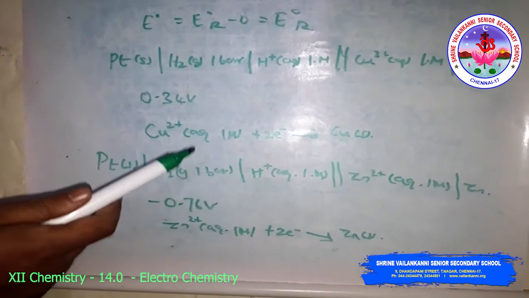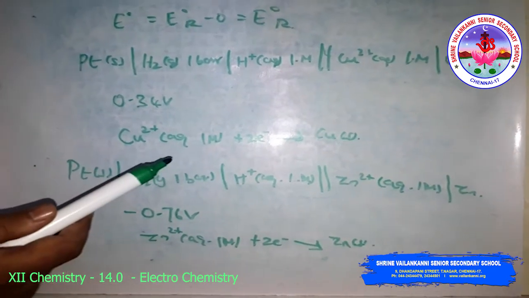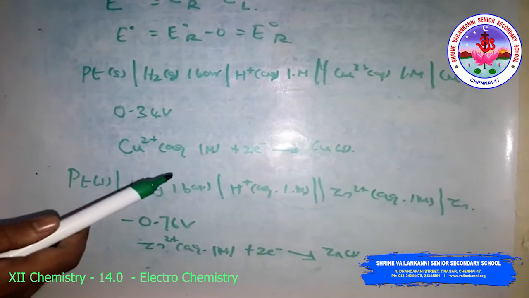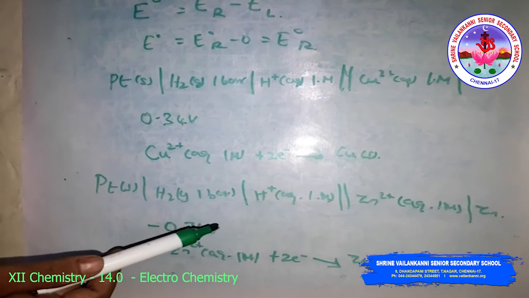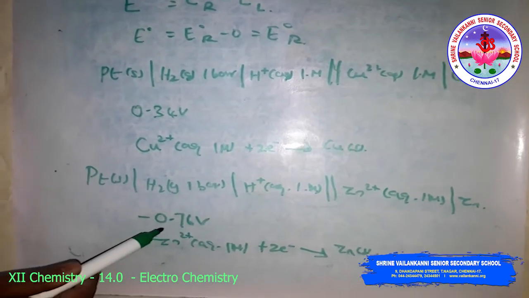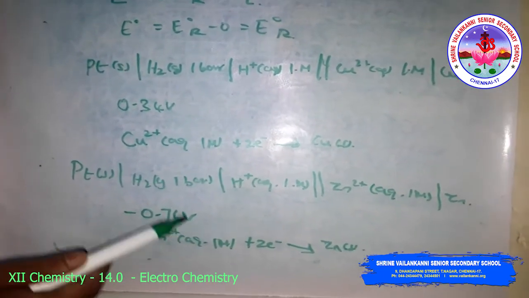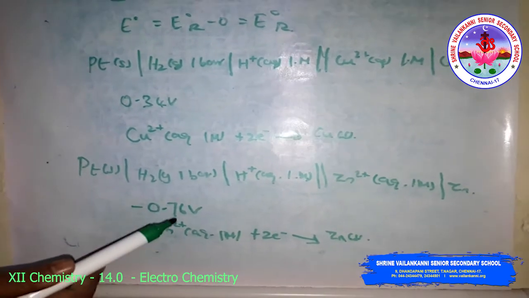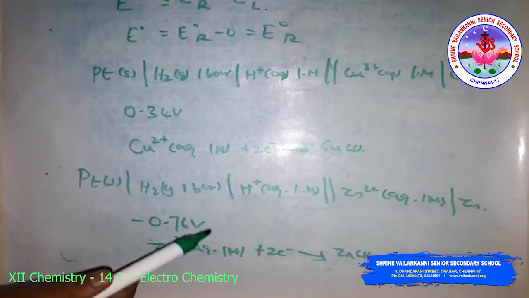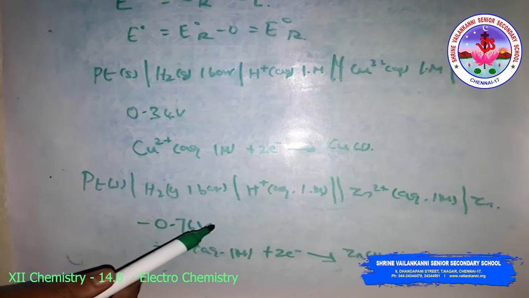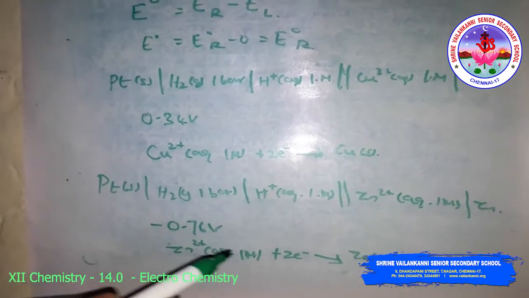Copper does not dissolve in HCl. In nitric acid it is oxidized by nitrate ion and not by hydrogen ion. The negative value of the standard electrode potential in the second case indicates that hydrogen ions can oxidize zinc.